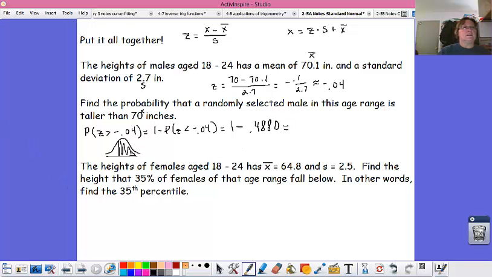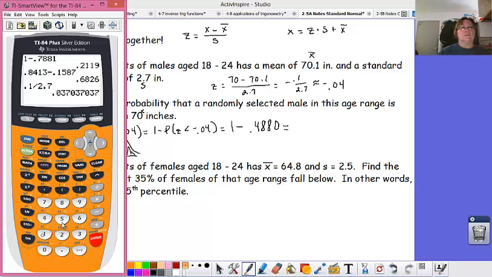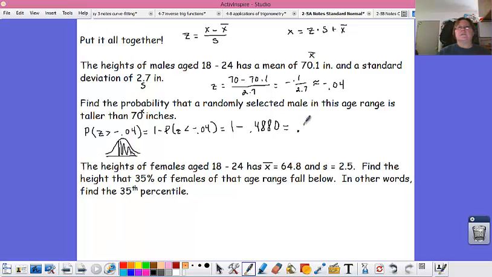The probability then that we're going to get 1 minus 0.4880 is 0.512. So there's about a 51% chance that if you pick a male at random, between the ages of 18 and 24, he's going to be taller than 70 inches, which is about 5'10". So about half of the time, you're going to get somebody taller than that.